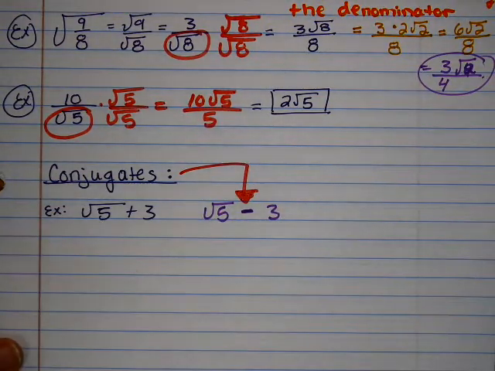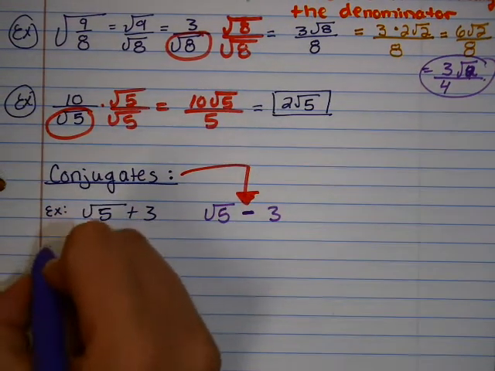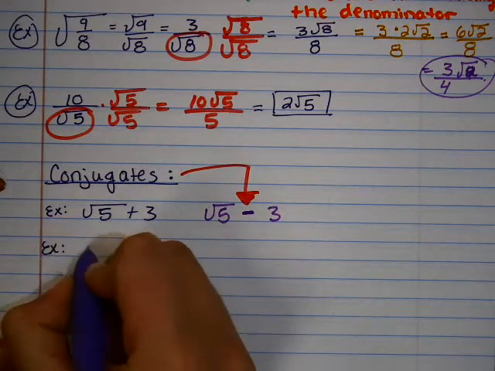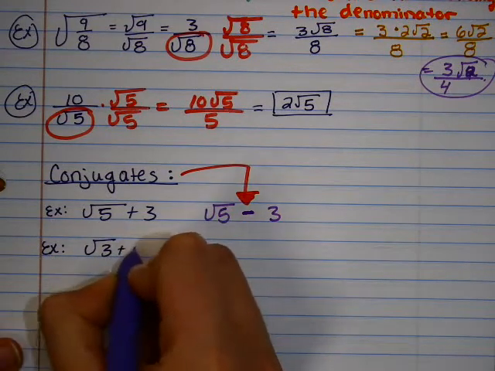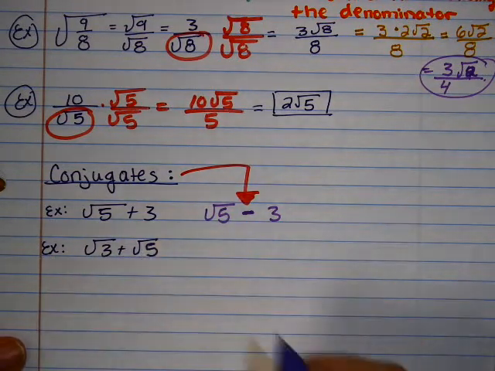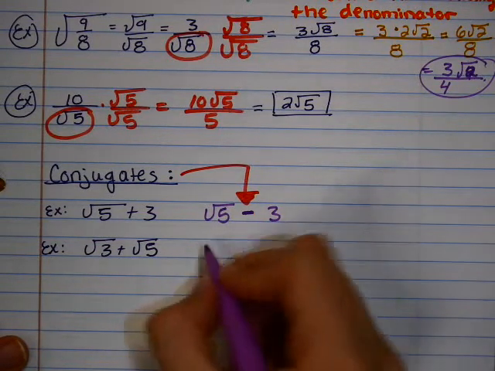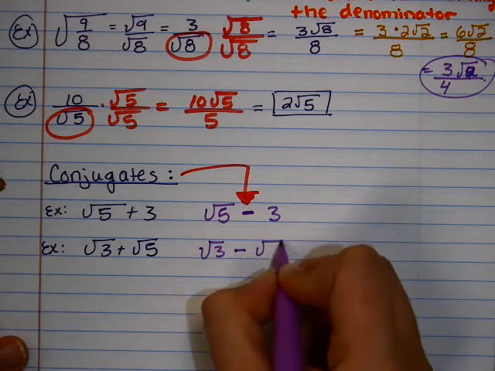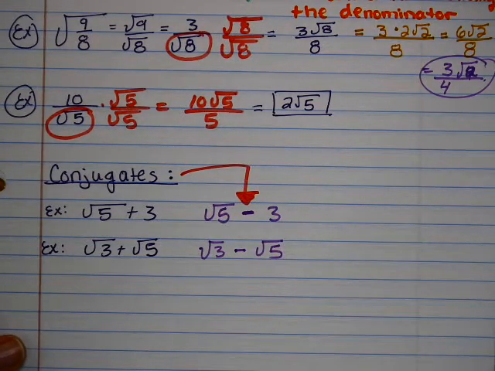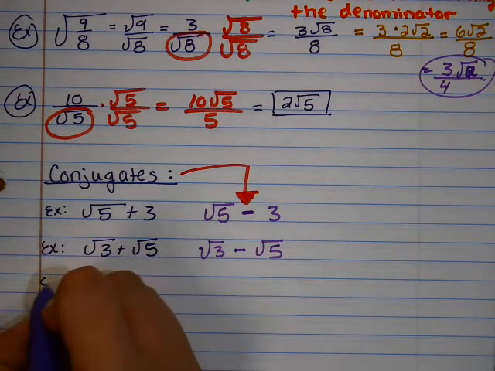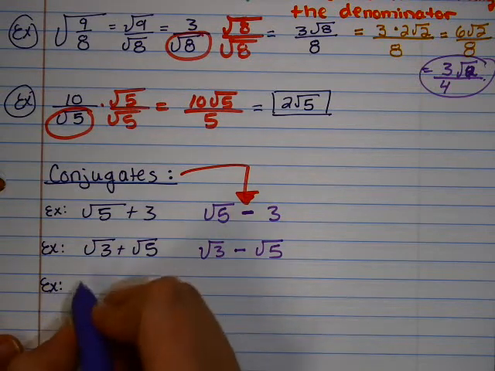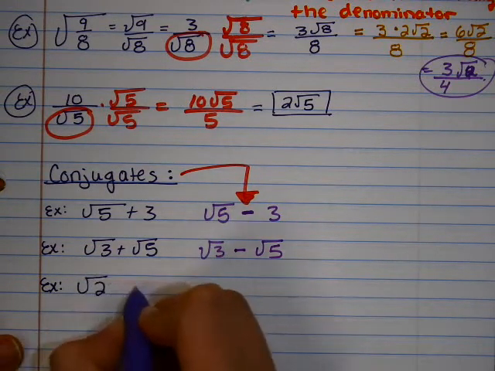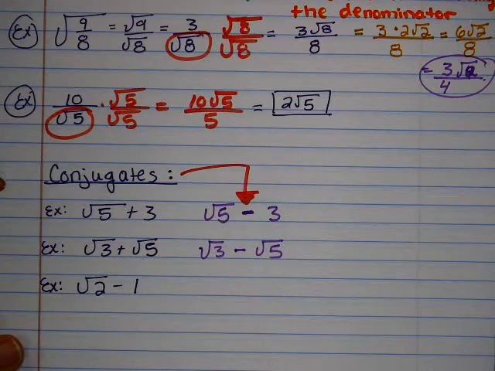So what if I have, for another example, the square root of 3 plus the square root of 5? My conjugate would be the square root of 3 minus the square root of 5. Or, what if I have the square root of 2 minus 1?